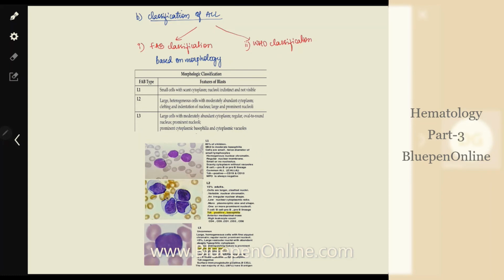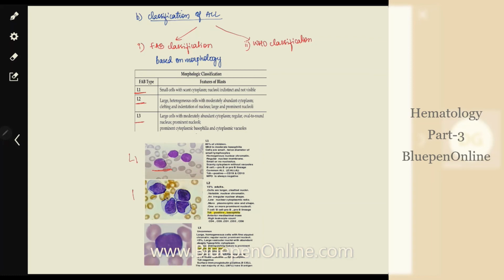So how can we classify ALL? There are two classifications for ALL. One is the French-American-British classification, which is based on morphology, and the other is WHO classification. Let us have a look at the FAB classification. Just based on the morphology, it is divided into L1, L2 and L3. As you can see, L1 is small cells with scant cytoplasm with indistinct nucleoli, that is, the nucleoli are not visible.